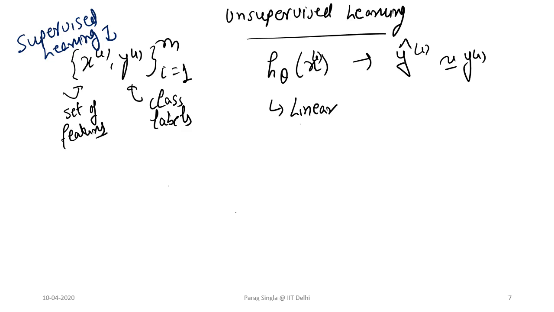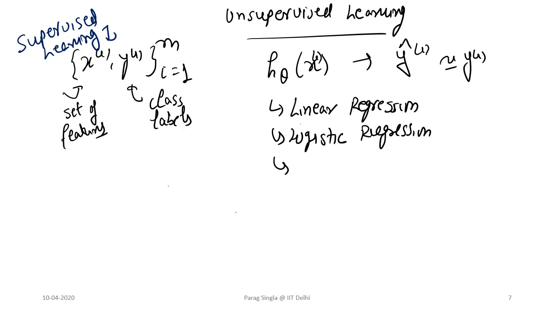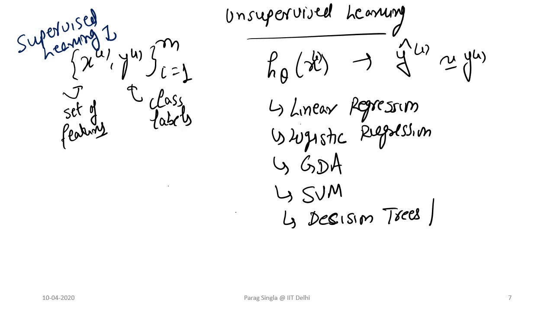We looked at linear regression, logistic regression, GDA, Gaussian discriminant analysis, SVMs, that is support vector machines, decision trees, and in that context, we also looked at random forests.